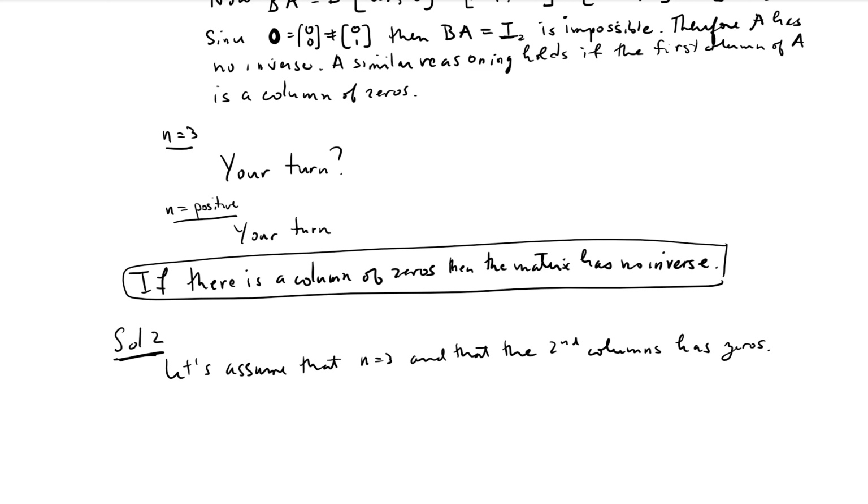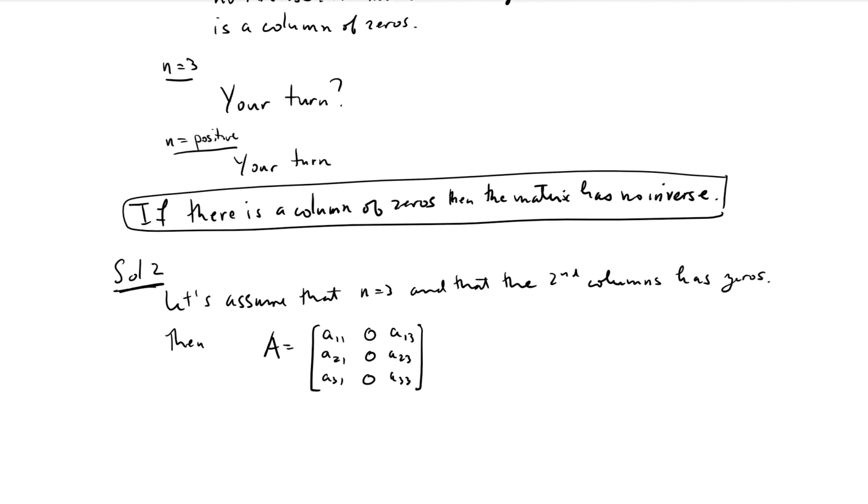So that means our matrix A would be something like A11, A21, A31. Those are any number, okay? Second column has all zeros, and this would be A13, A23, A33. Okay, that's my general matrix A here.